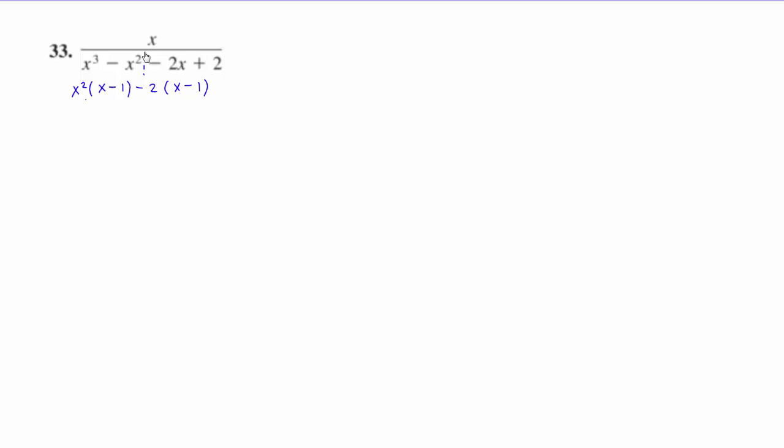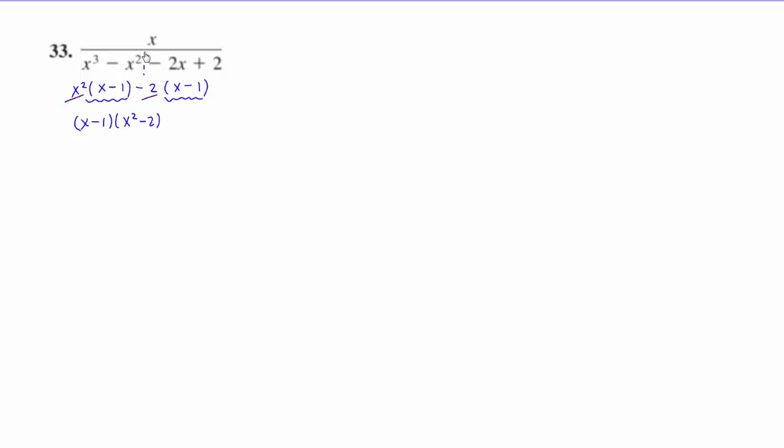So because the x minus 1 shows up twice, that one factor can come out together as 1. We effectively have factored out that factor, and we're left with x squared minus 2 as the other factor. That came from these 2 parts, x squared and minus 2.